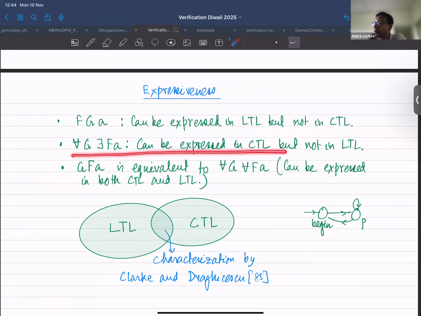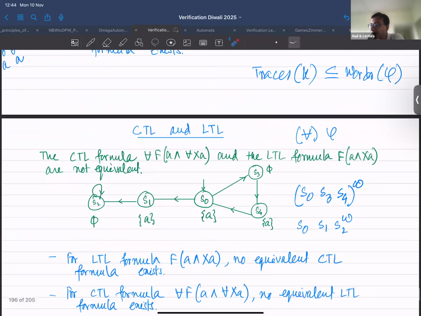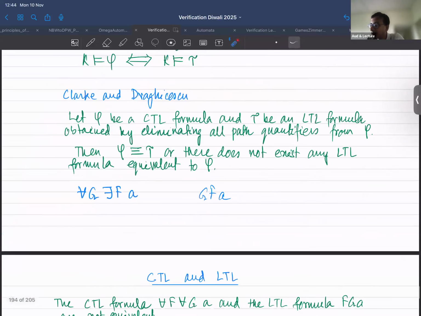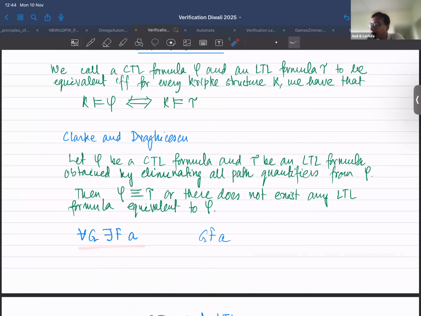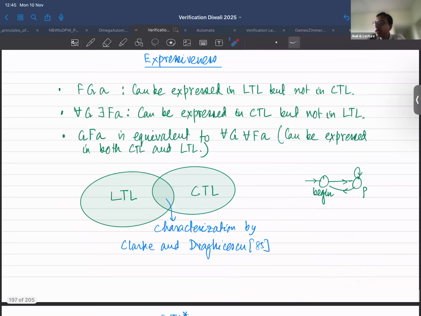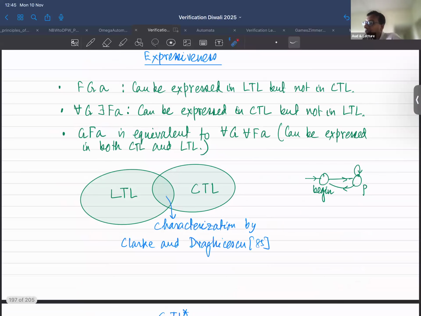It is always possible to reach that begin state, which we saw earlier. It's essentially that kind of formula: for all globally there exists eventually A. So this is that begin state. It's always possible to reach the begin state, so it can be expressed in CTL but not in LTL.